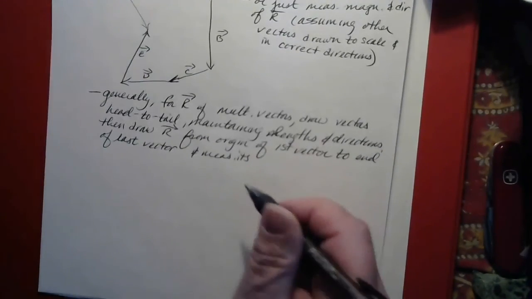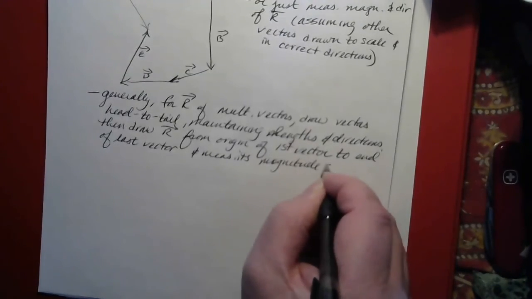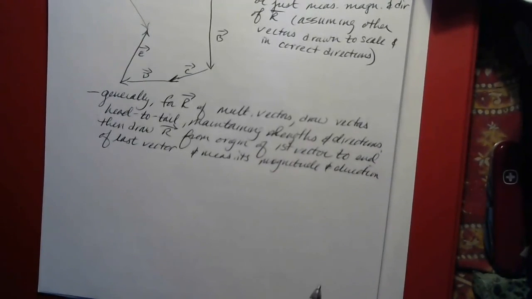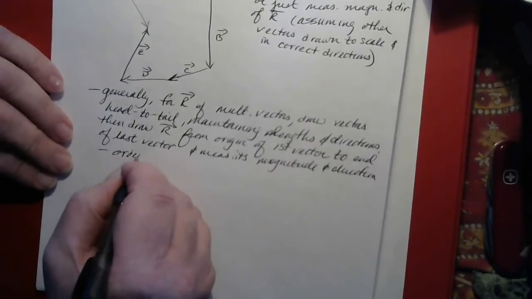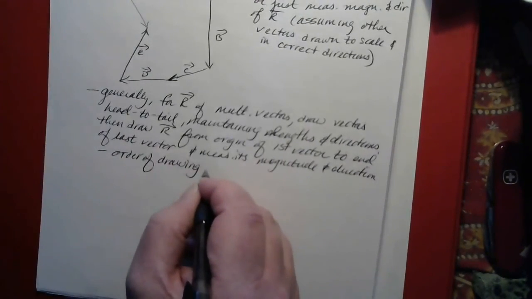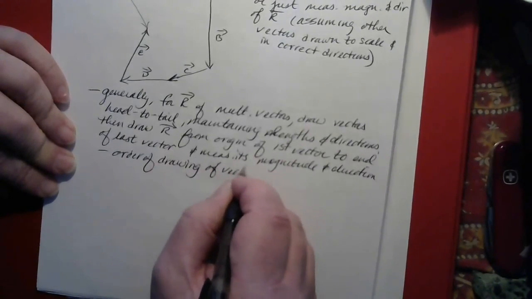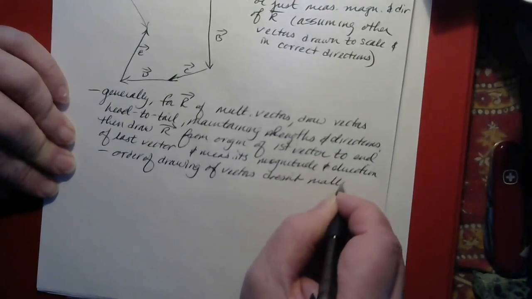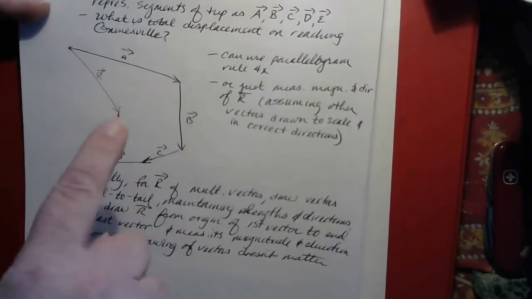And you can measure its magnitude and direction. And as I said, the order of the drawing of the vectors shouldn't matter, although you may get different looking shapes on the paper, so you may not end up with a shape that looks like this.